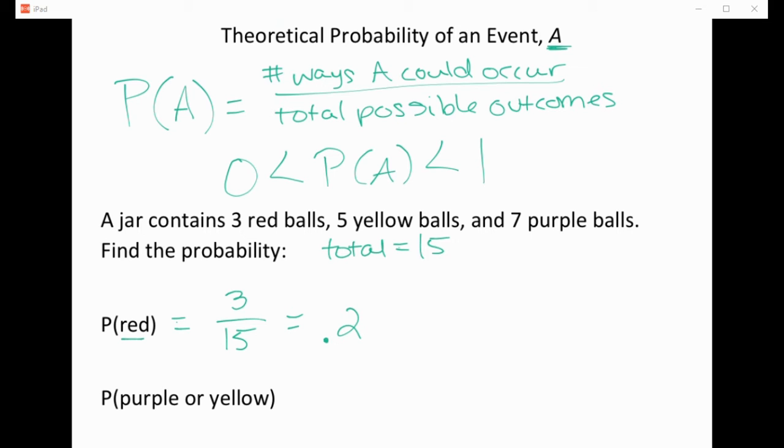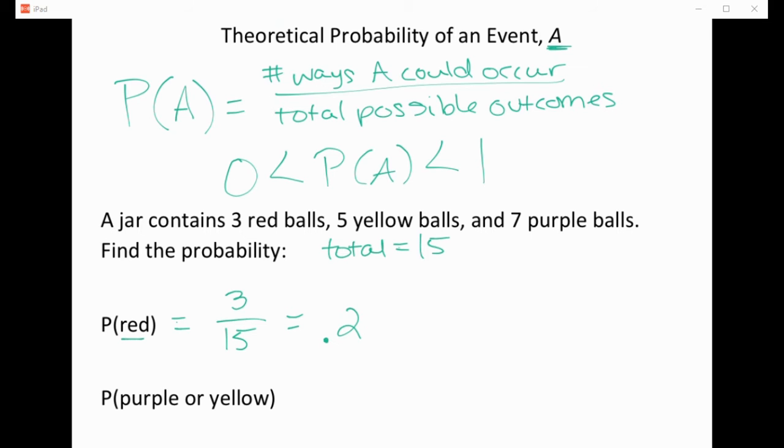Generally, probabilities are expressed with a decimal, so you can just leave it as a decimal. If you wanted to turn it into a percent, you would multiply it by 100 or move the decimal place over twice. But there's a 20% chance that it could be red.